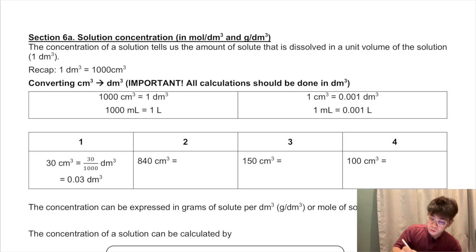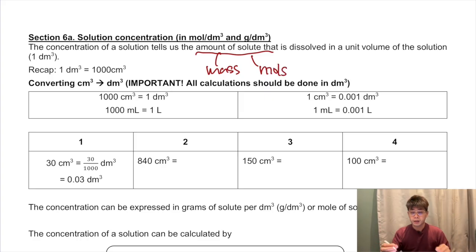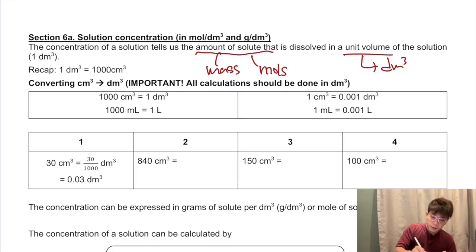The amount of solute can either be the mass or the number of moles, and then the volume will usually be given in dm cube. In the previous section where we talked about conversion, we must always remember that cm cube must always be converted to dm cube, and the method is to divide by 1000.